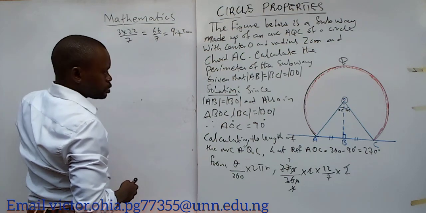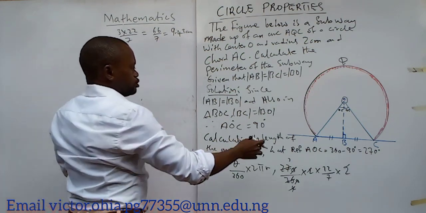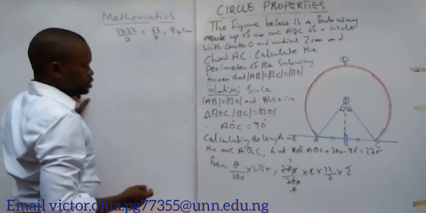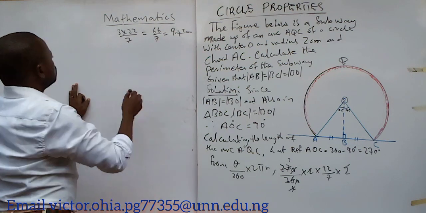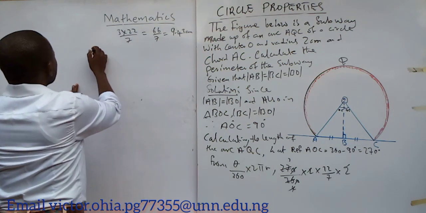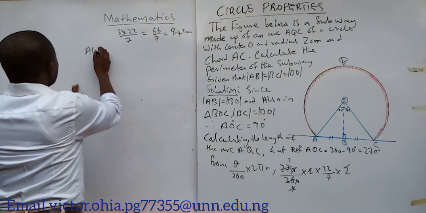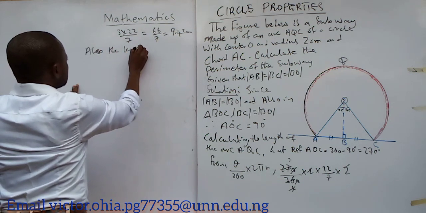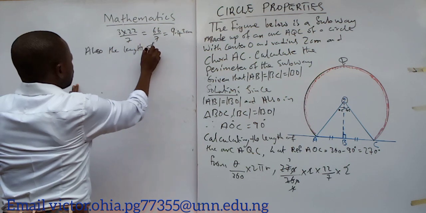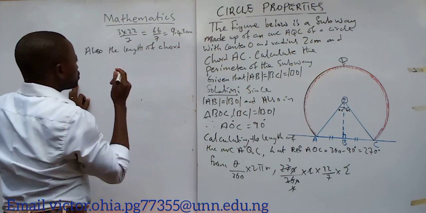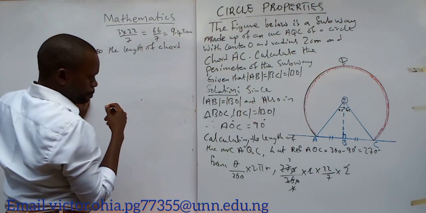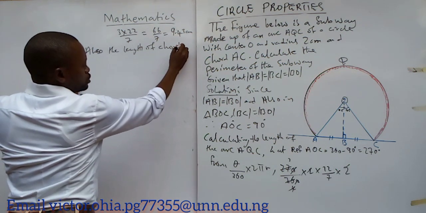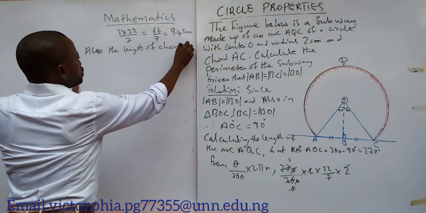Then the next thing we need to calculate is the length of the chord ABC. Okay, we need to calculate the length of that chord. So we will say also the length of chord ABC, let me say chord AC.